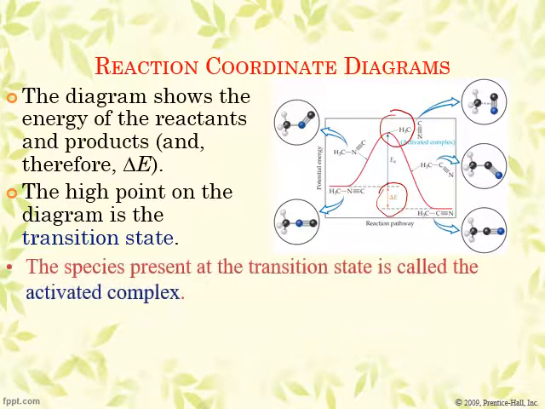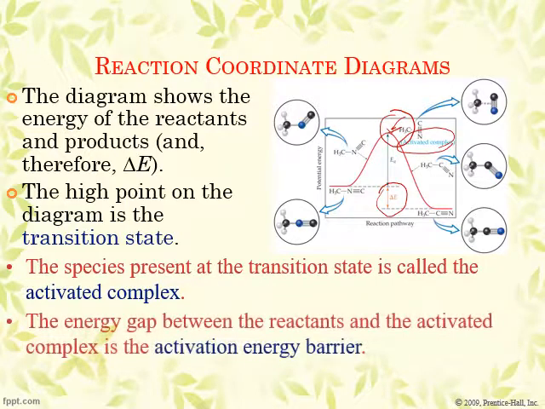The species present at this transition state is called the activated complex. So you have to know the difference here: the position here is called the transition state, and the species present at this transition state is called the activated complex. The energy gap between the reactant and the activated complex is the activation energy barrier.